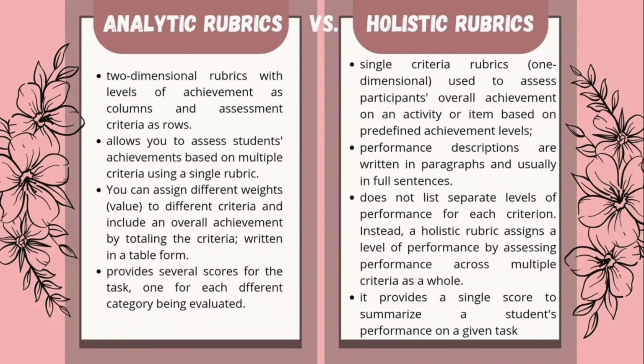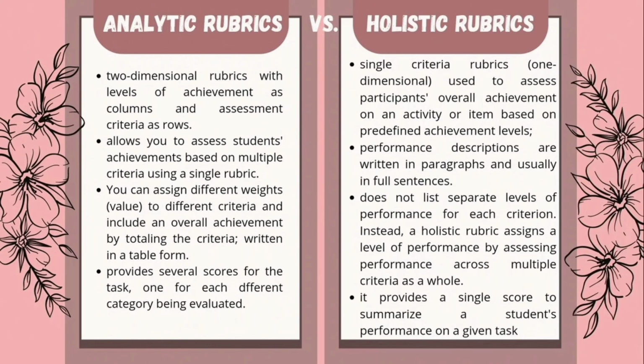In analytic rubrics, you can assign different weights or value to different criteria and include an overall achievement by totaling the criteria written in a table form, while the holistic rubrics does not list separate levels of performance for each criterion. Instead, a holistic rubric assigns a level of performance by assessing performance across multiple criteria as a whole.